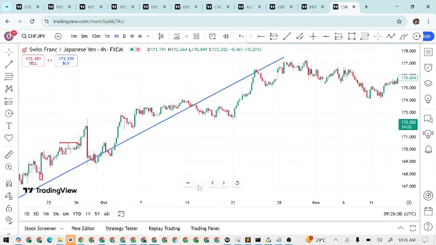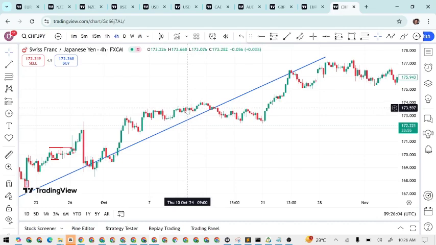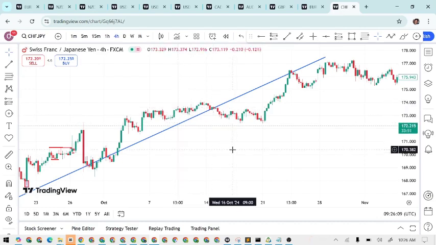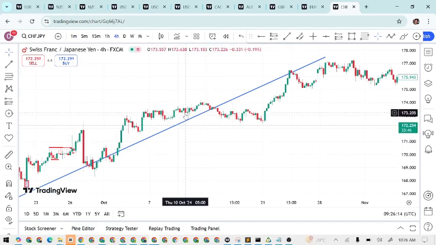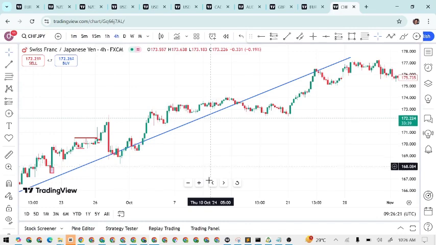Also I want you to keep in mind to consider the strength of the candle. Any candle that engulfs the previous candles is actually a strong candle, but the length also determines the strength of that candle.